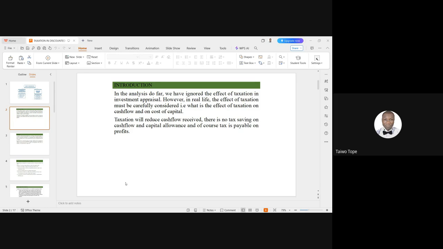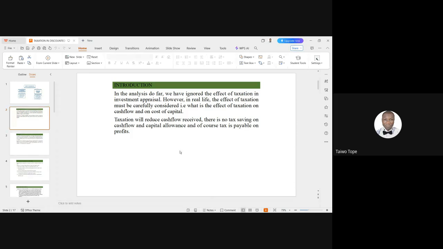Sometimes we use the weighted average cost of capital, or how much the investor must pay to borrow money. So if the present value of the after-tax cash flow is higher than the cost of investment, the investment may be worth taking. Yes. So let me speak to my slide now.